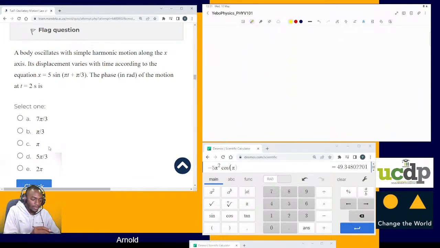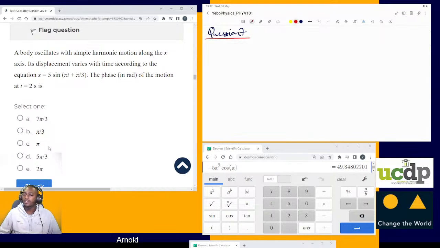I don't see any questions on the chart yet. The question reads, a body oscillates with simple harmonic motion along the x-axis. Its displacement varies with time according to the equation given in the question.